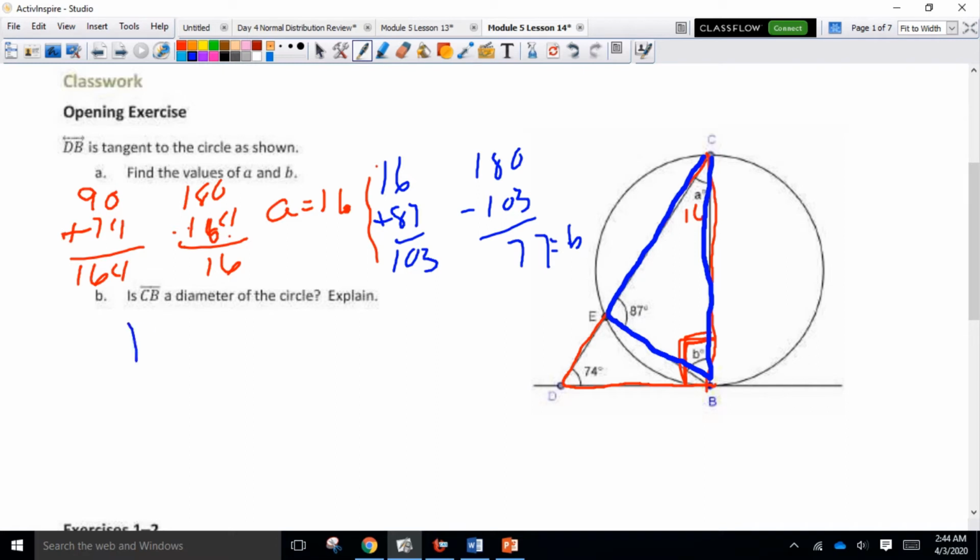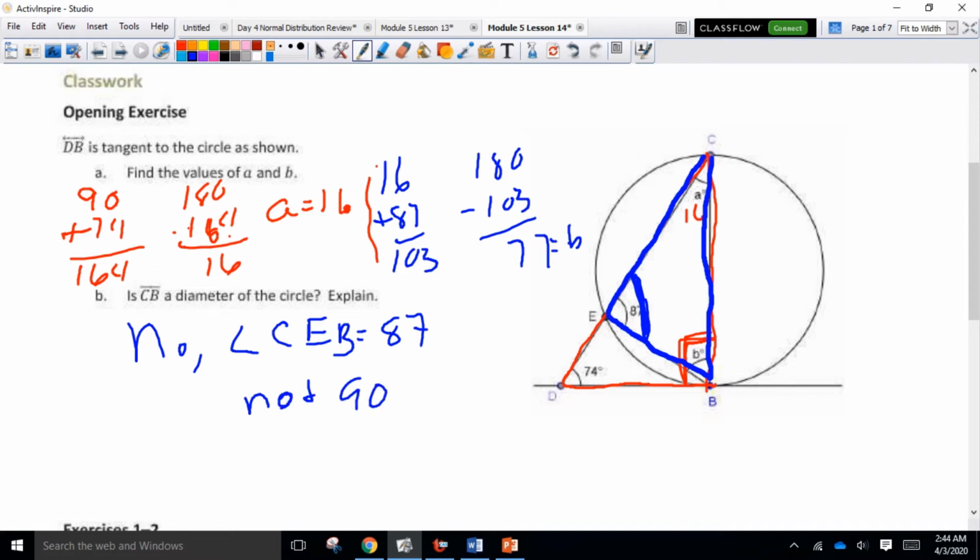Okay. Is CB a diameter? No. Okay. If CB were a diameter, then this angle here would be 90 degrees. So we're going to say angle CEB is 87. Okay, not 90.